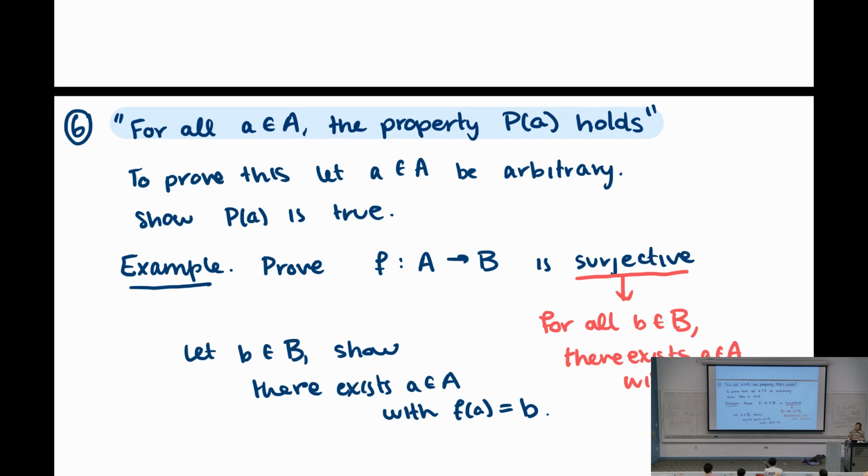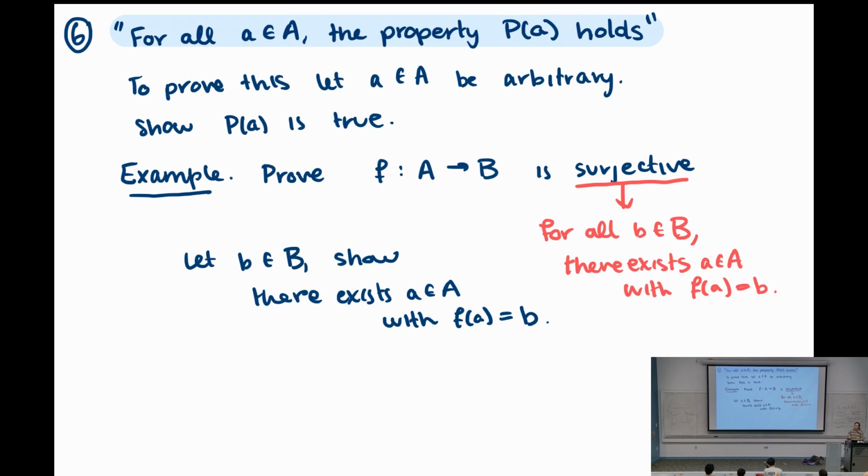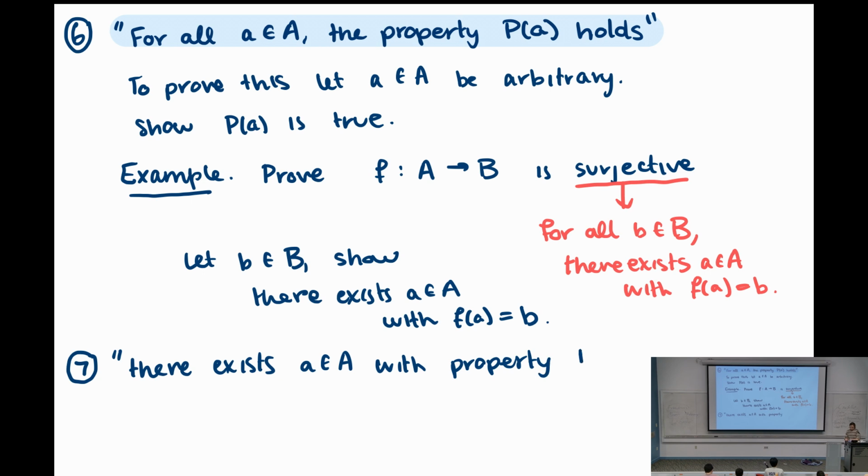Okay, and this is leading into the other type of quantifier statement that you might encounter. So the other one is statements of the form there exists a in A with property P of a.